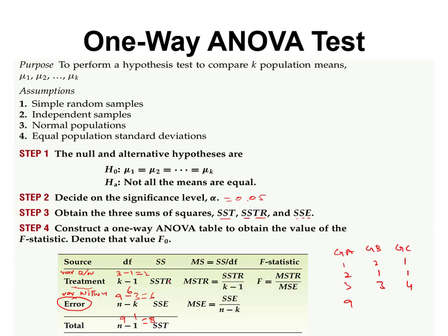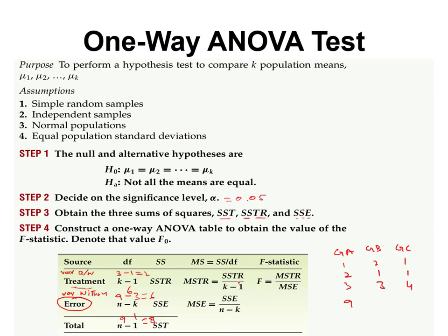I will show you what the treatment sum of square and the error sum of square are, as I already discussed. Then in the next step, we will calculate the mean. When you divide the treatment sum of square by the degree of freedom 2, you will get the mean treatment square. When you divide the error sum of square by 6, you calculate the mean, because you divide by the degree of freedom.